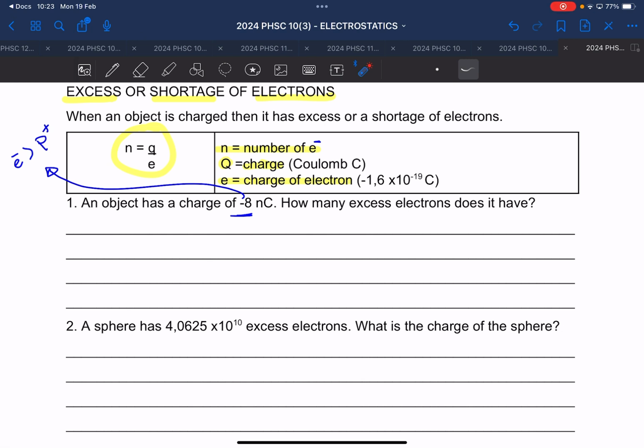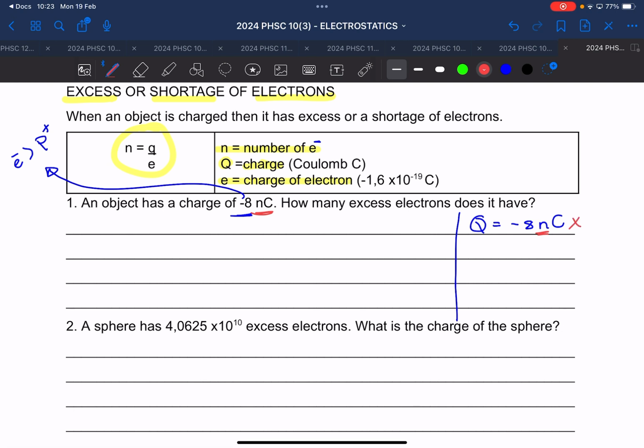Okay, secondly, Atlehang, it says there NC. What does NC stand for? Say again? Nanocoulomb. So they tell us the charge Q, or lowercase q, you can use either capital or lowercase. They say the charge there is -8 nanocoulomb. Now, we do not want to work in nanocoulomb, we want to work in coulomb.